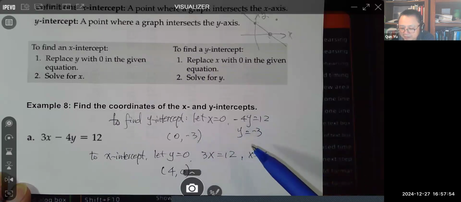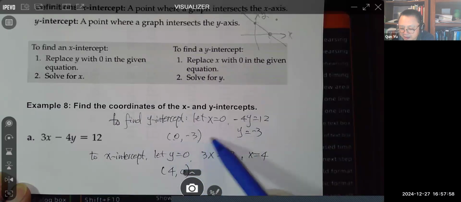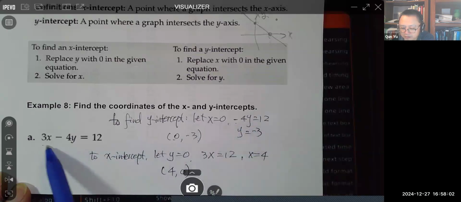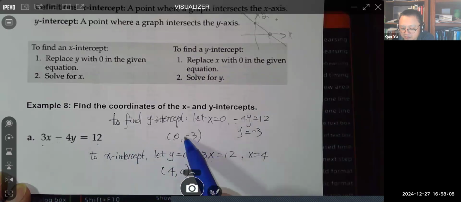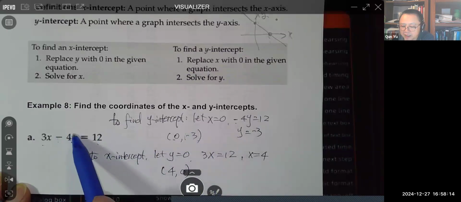In the last step, how did we get the y value of the y-intercept? I used 12 divided by negative 4. Look at this equation. Where is 12? Where is negative 4? Basically, the y value of the y-intercept is just the number on the right divided by the number in front of y.